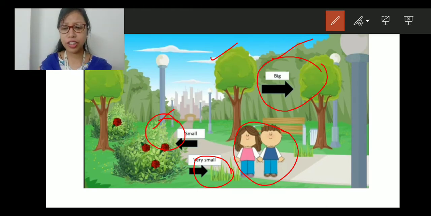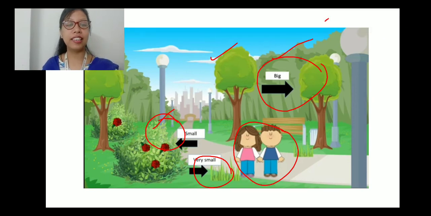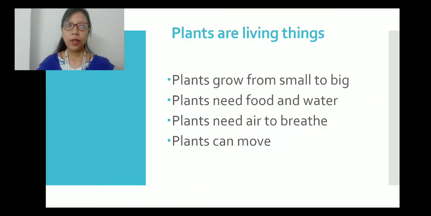Even their shapes and sizes are very different, and sometimes their colors are also different. So there are varieties of plants near us, and we will be studying all these things in this lesson.